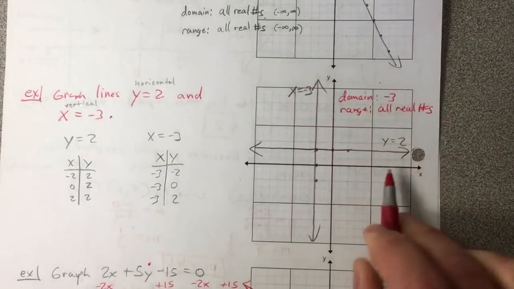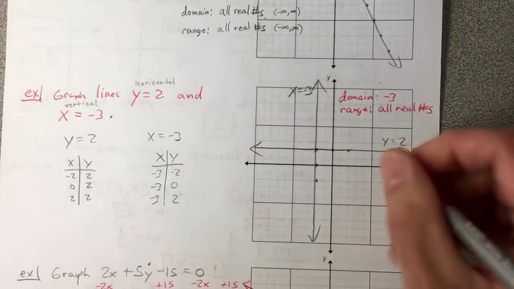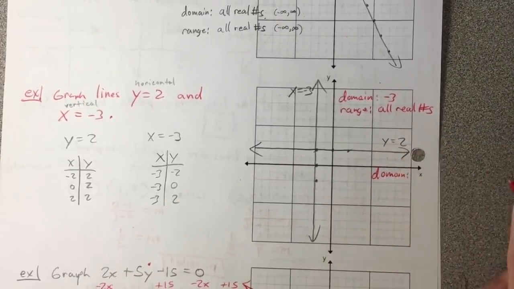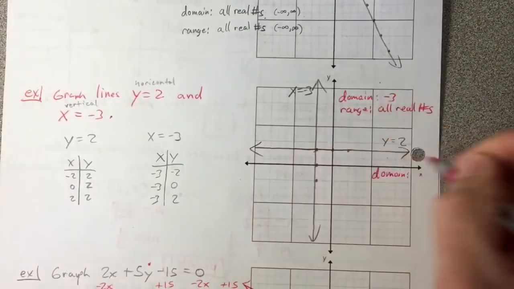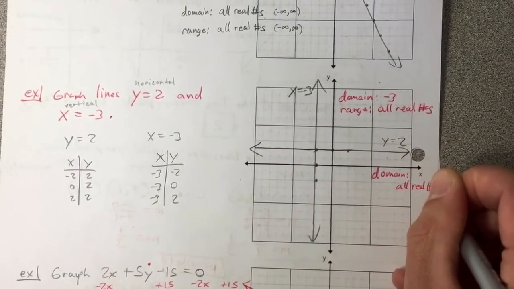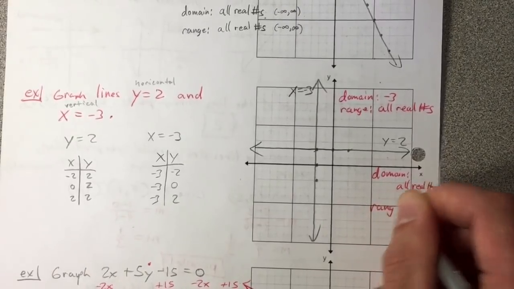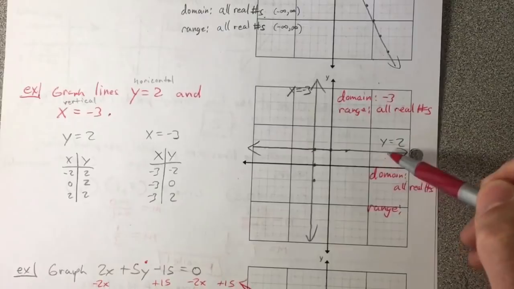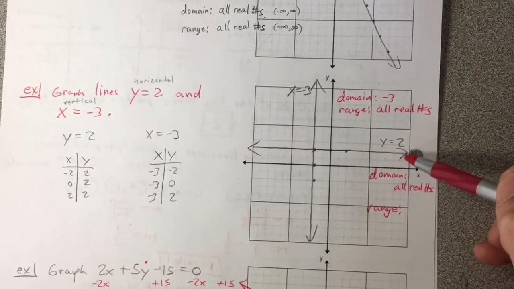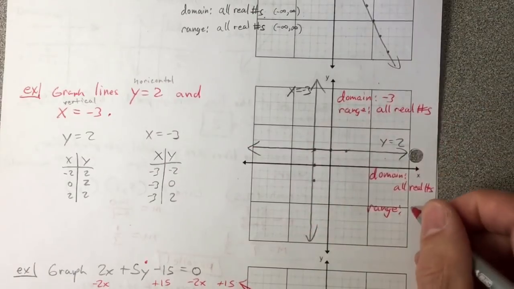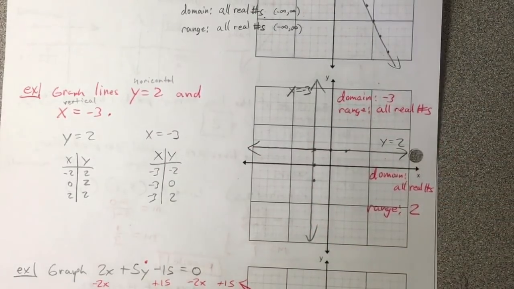Kind of interesting. For y equals 2, your domain, or your set of input or x values, is going to be all real numbers, goes on forever. But your range does not cover everything. Your range is your output or your y values, and the only y value that exists is 2. So it's kind of interesting.